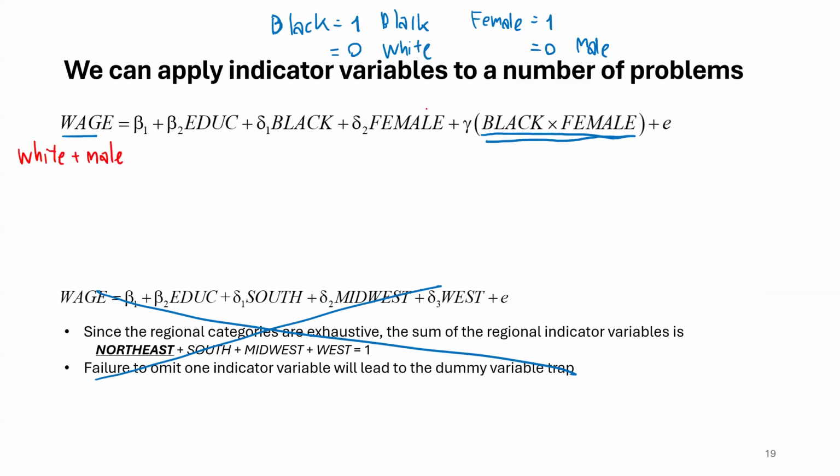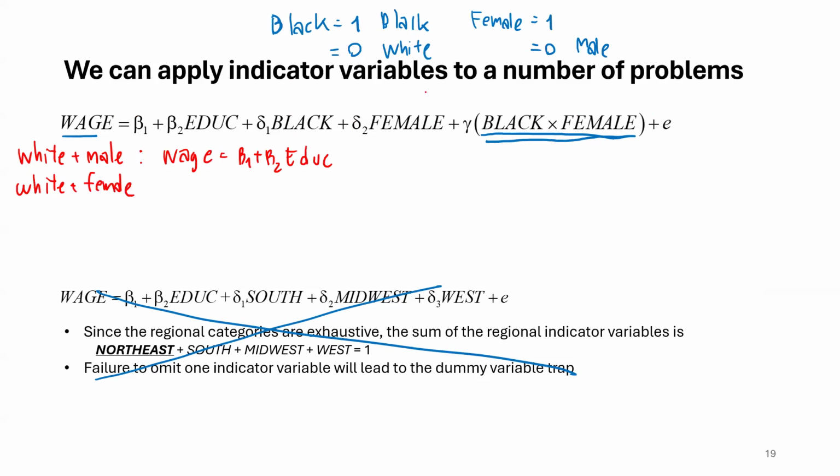Black is zero, female is zero, so the interaction is zero. The wage becomes beta one plus beta two education, and that's all, because the rest are zero. Now if you are a white female, what happens to the equation?